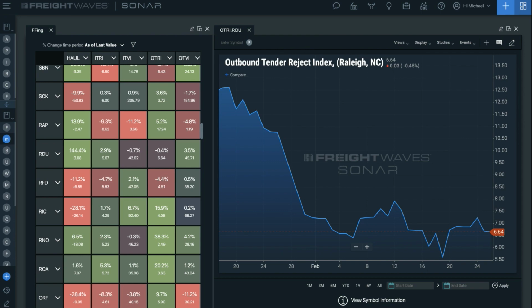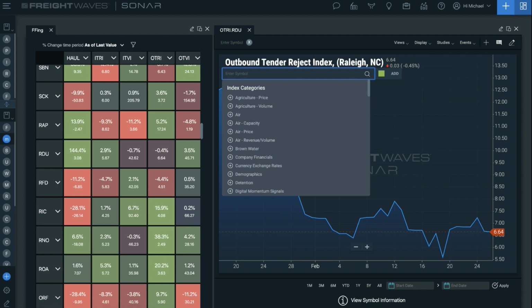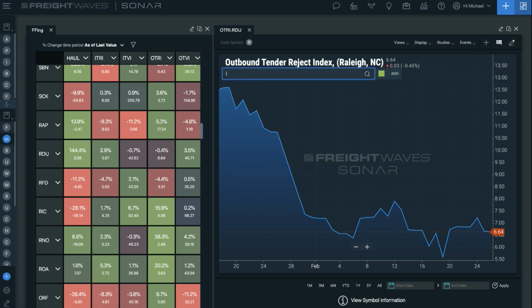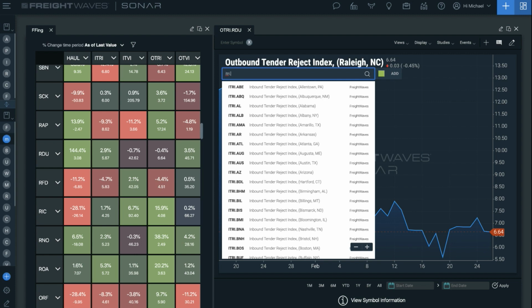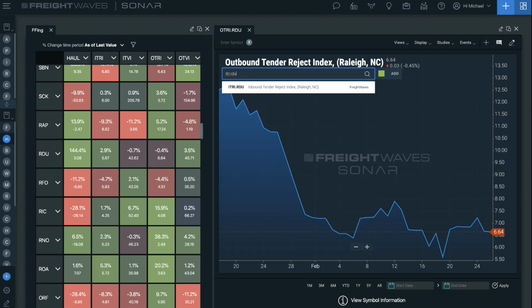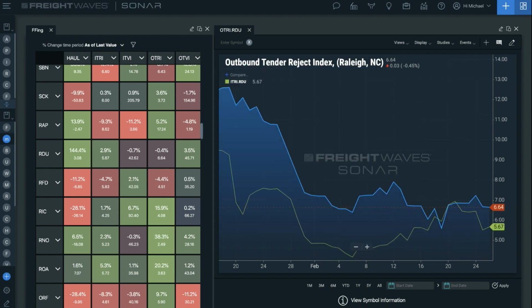Here's your outbound tender rejects in the Blue Mountain, and you can see they started to rise and then fell off, and they've flattened out here over the last day. If we put in the inbound tender rejects and overlay that, we see that inbound tender rejects have been rising since back here on February 5th, dropped off a little bit, and now have bounced back up again.